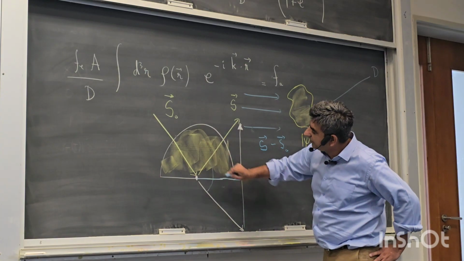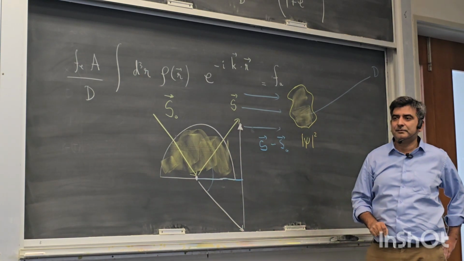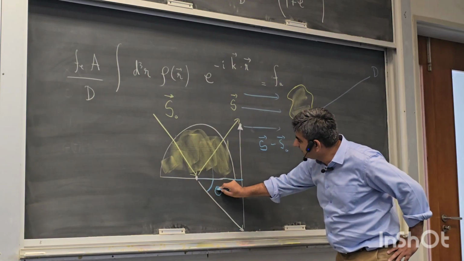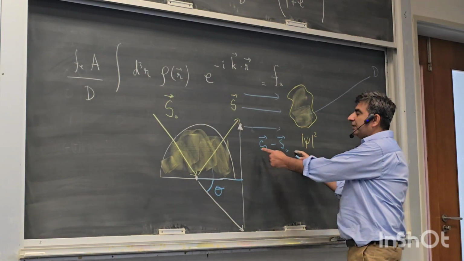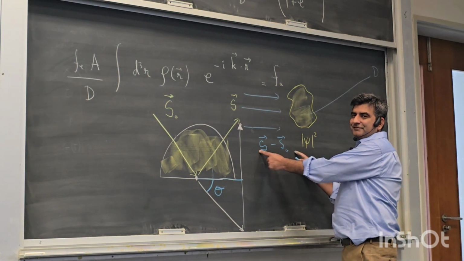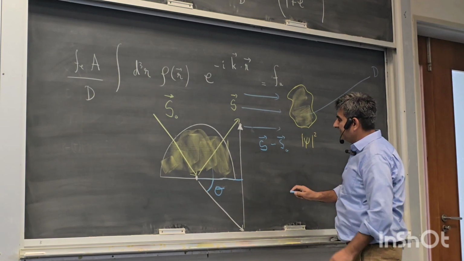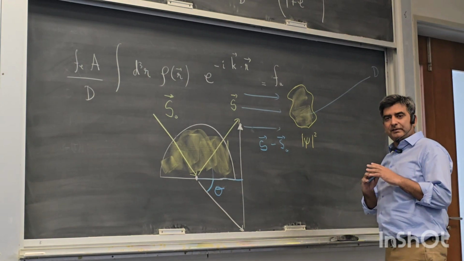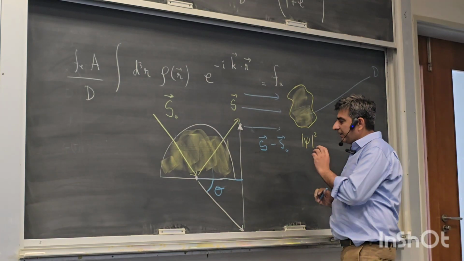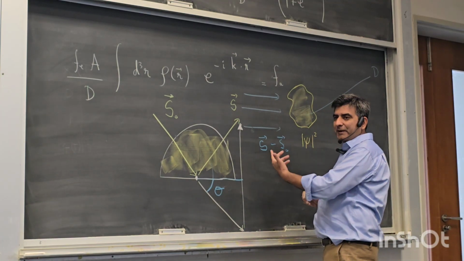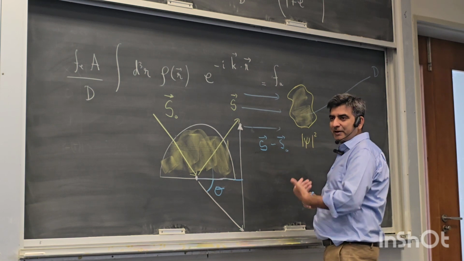This angle is 2 theta, correct? Therefore, this angle is theta. Now, these are unit vectors. In order to get a k vector from a unit vector, I need to multiply by the momentum of the X-ray, which is 2 pi over lambda.